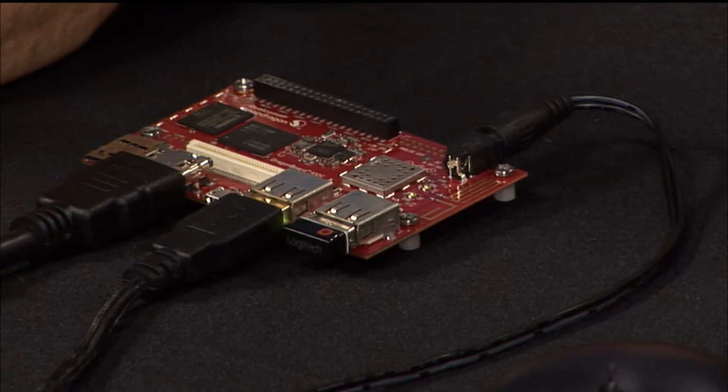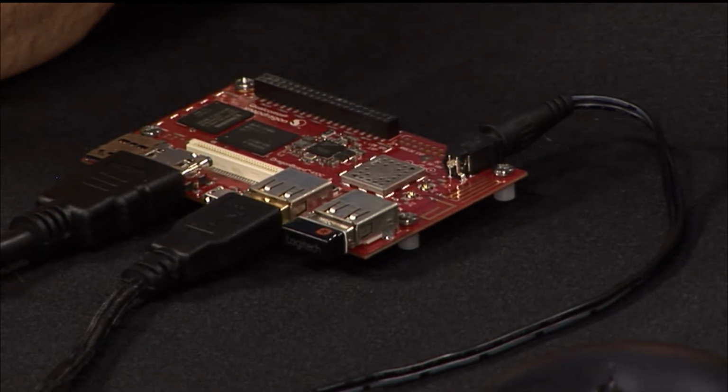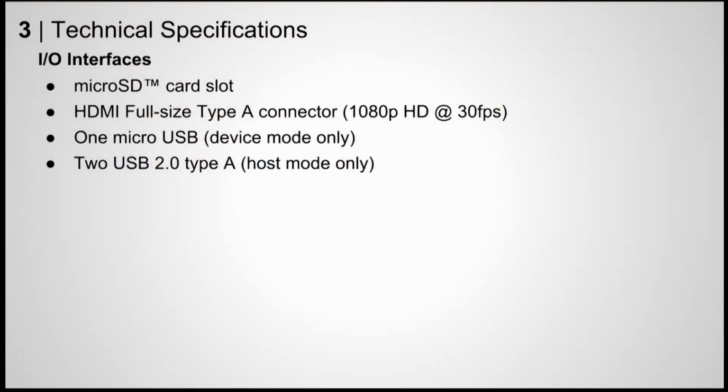Yeah, then we have a lot of different I/O interfaces. So you do, again, have the micro SD card slot. This one has a full-sized HDMI connector for connecting a wire to a display, like a TV or something like that. You have the micro USB so that you can connect an interface from a computer.